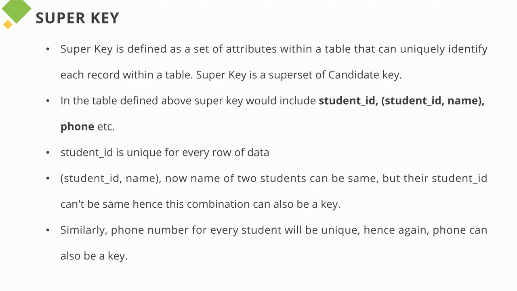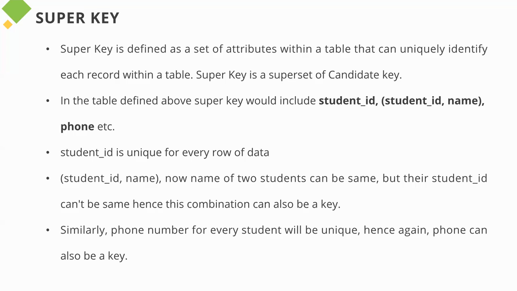If you look at student ID and name, student ID is unique for every row of the data. By the basic concept, student ID is a primary key because it's always unique. But name can't be a primary key, right? Because names may or may not be the same. But take the combination of student ID and name.